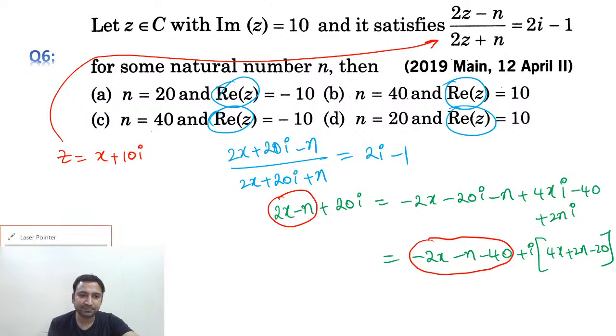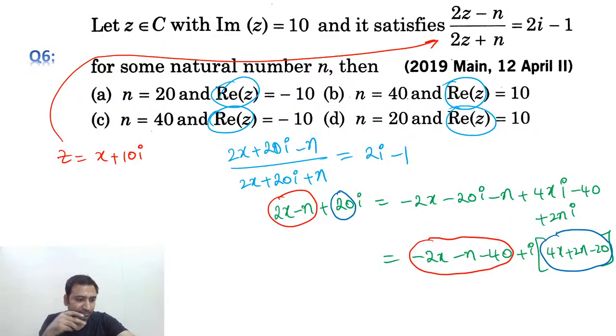Correct or not? Imaginary part should be equal to imaginary part. Anyone got the answer? What, Emmanuel? Sharon? Aniket?